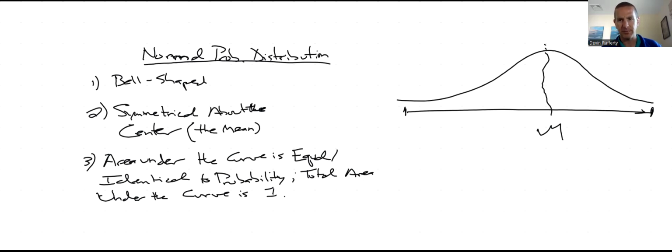The total area under this curve is the same thing as probability because this is a probability distribution. And the total area under the curve is 1, or 100%.